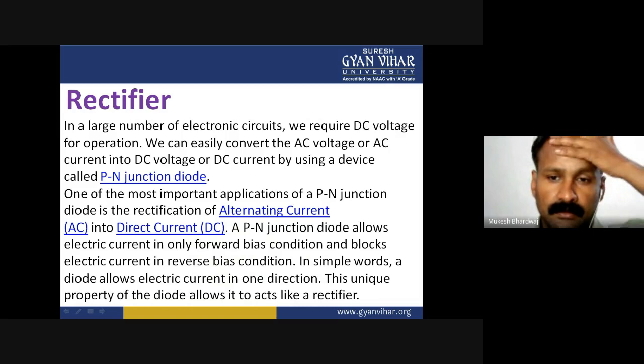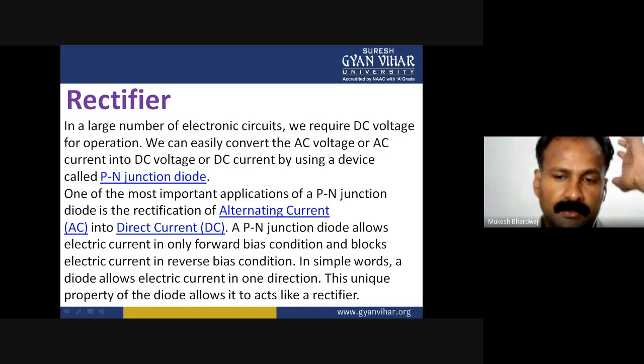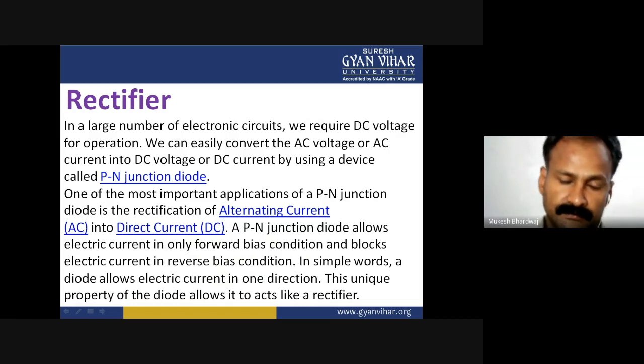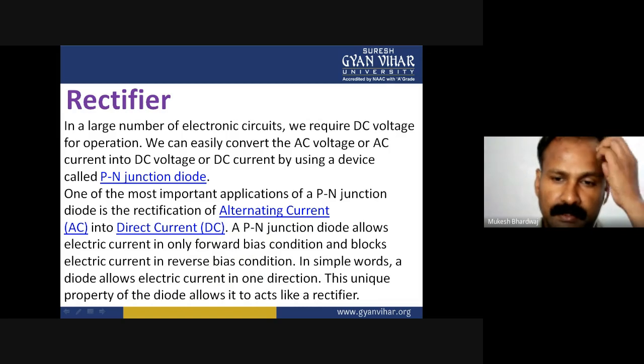Wherever the applications are controlled by direct current or direct voltage, we just put an adapter in continuation of the alternating current, and we get the direct current or direct voltage.